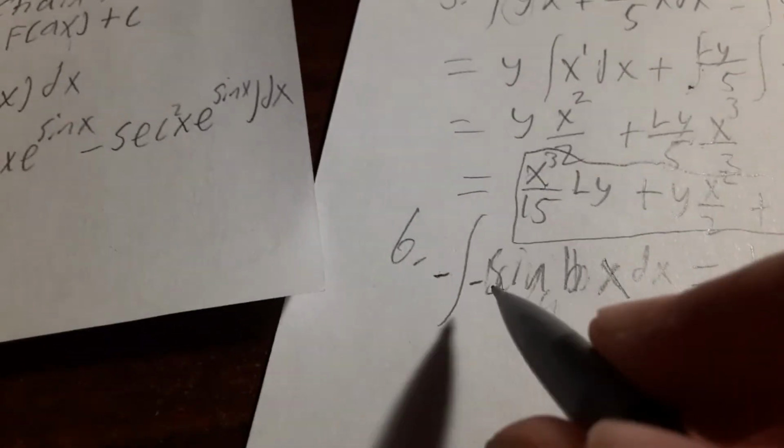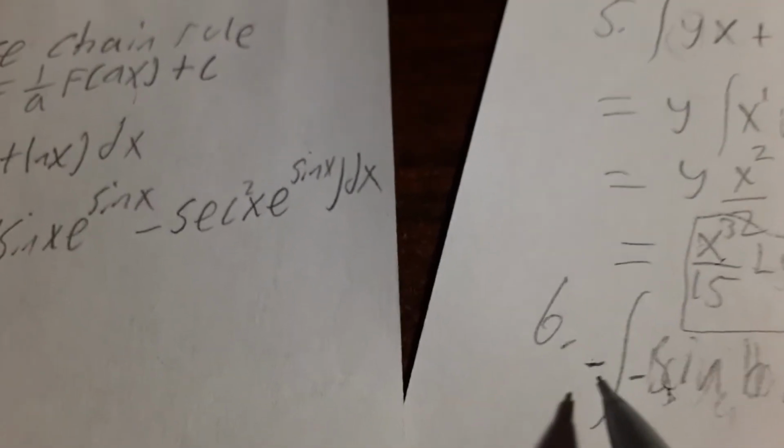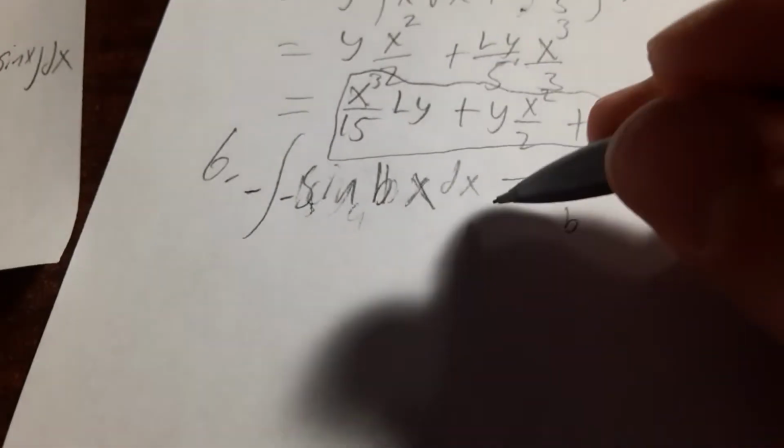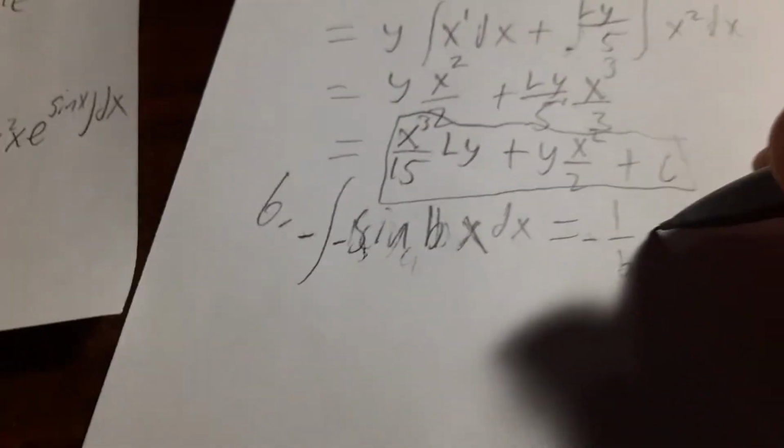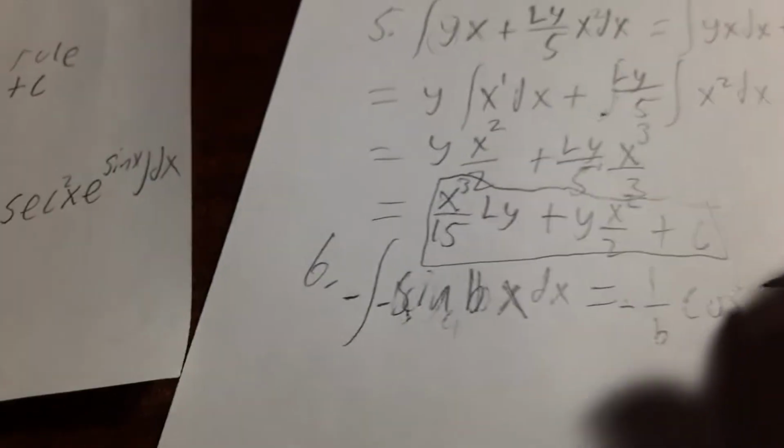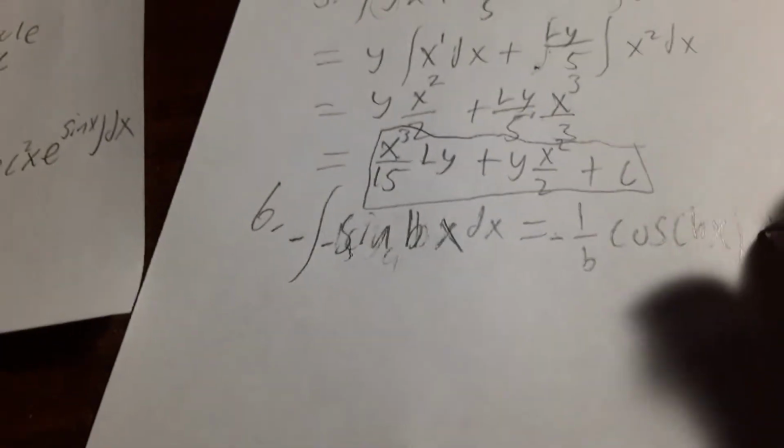So what this negative allows us to do is look for the antiderivative of negative sine x, which is cosine x. So don't forget the cosine bx, but don't forget we also have this negative here. So that means we should put it here also, since we're finding the antiderivative of negative sine bx. This will become negative 1 over b times the cosine of bx plus c.